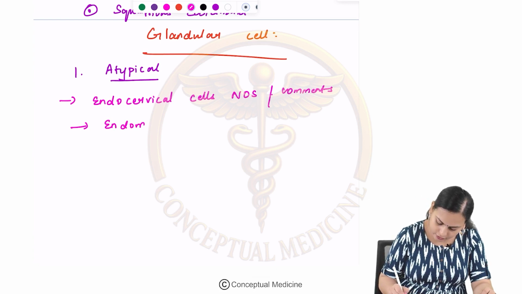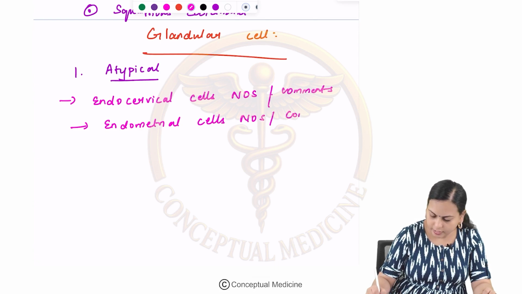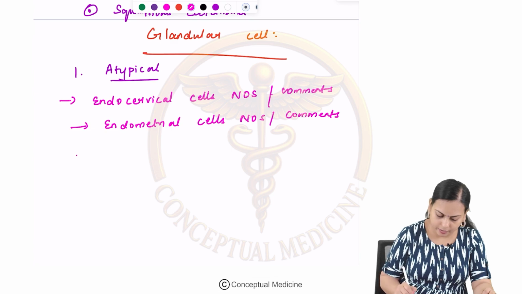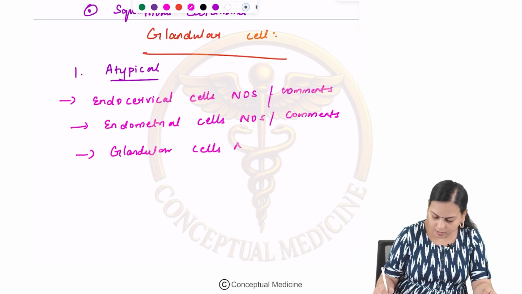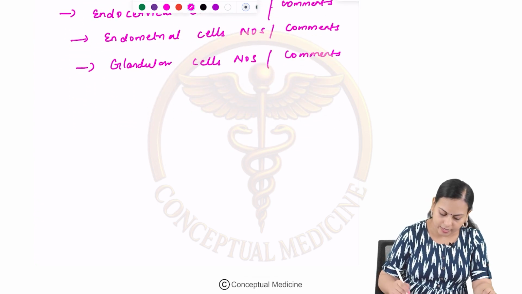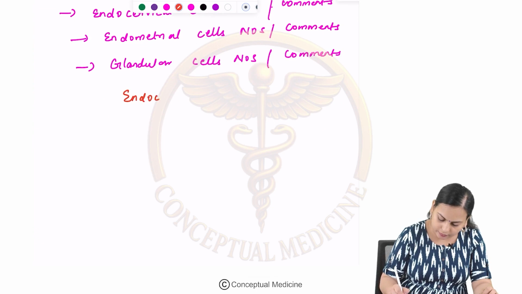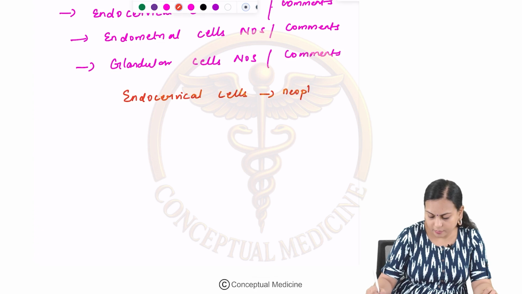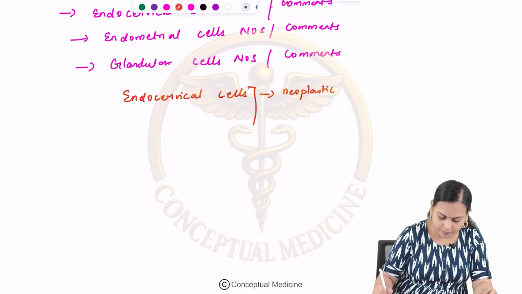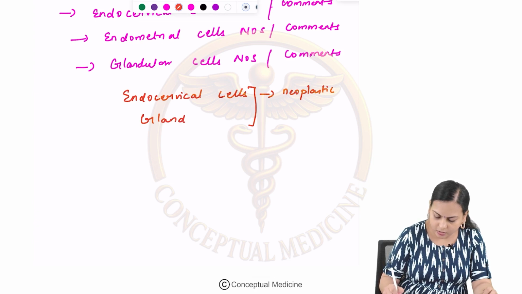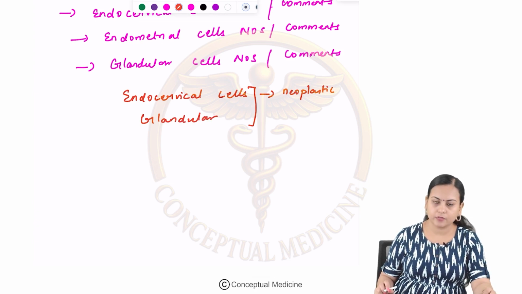Then endometrial cells NOS, or if anything they will specify you in the comments. And then glandular cells NOS, that will be specified in the comments. Okay. And another level is, suppose if the endocervical cells are favor neoplastic, the same way the glandular cells are neoplastic or not, that will be mentioned.